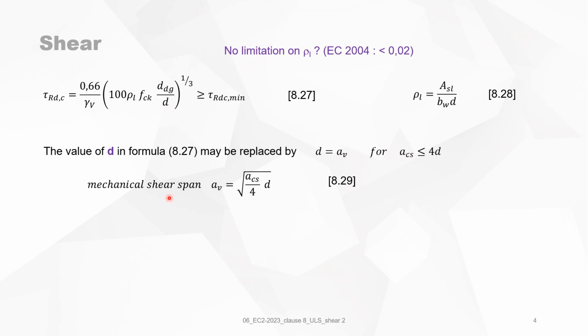The mechanical shear span is equal to the square root of what is written in formula 8.29. The effective shear span is the ratio of the bending moment divided by the shear force, taken as an absolute value, but the effective shear span must always be bigger than d.